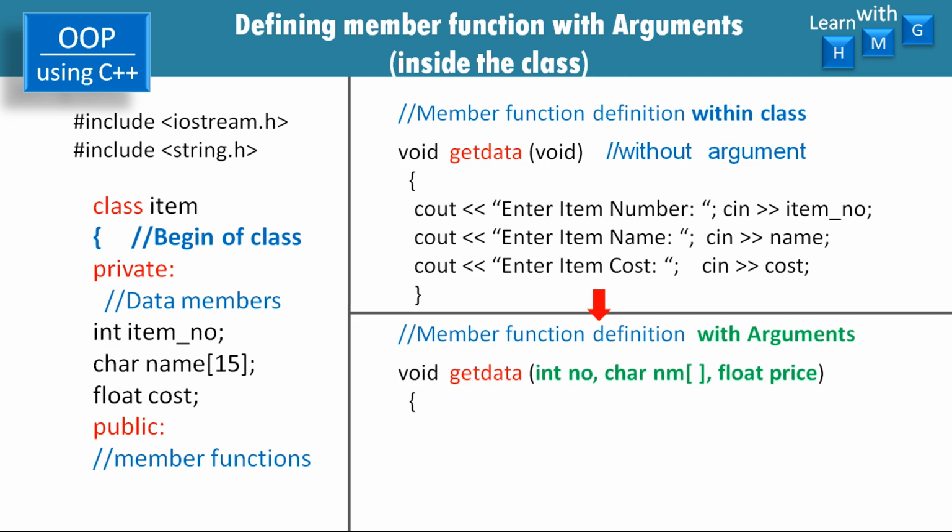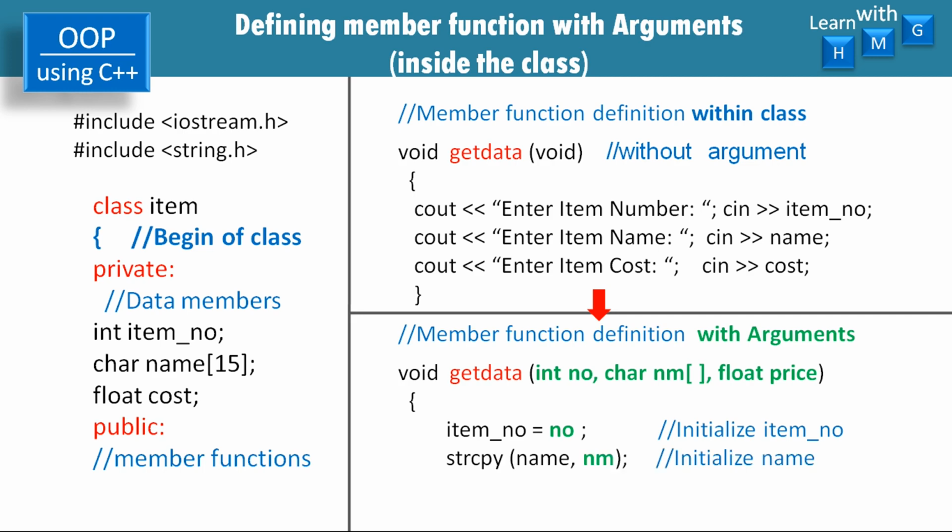So let us write the assignment statements. First is item underscore no is equal to no. Second is string copy name comma nm, because we cannot use the assignment operator for assigning string type data. If it is numeric data or a single character, you can use the assignment operator for assigning one value to another variable.